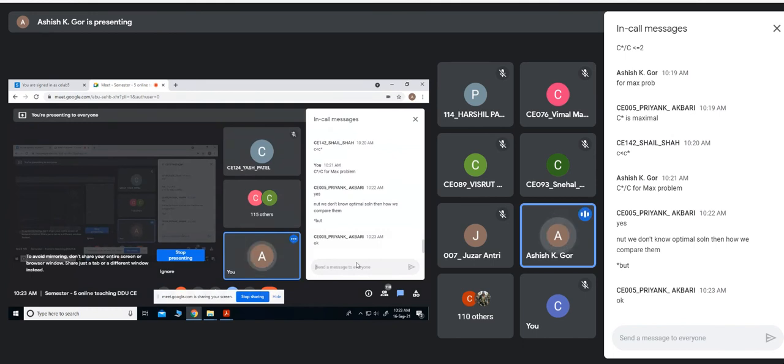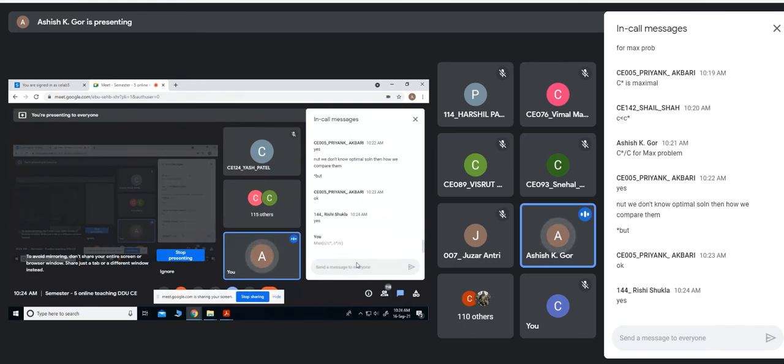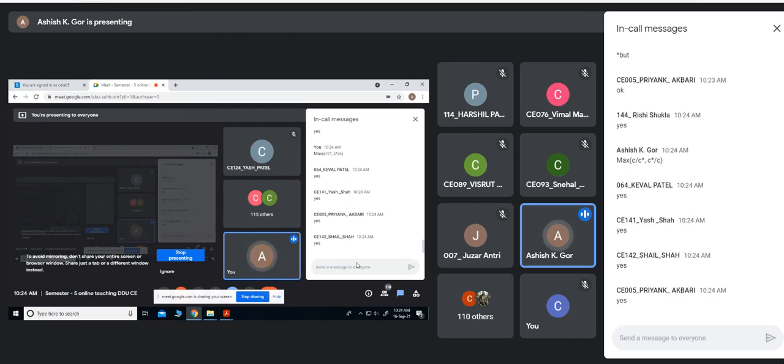So without knowing whether a problem is of maximization type or minimization type, in general, if I want to write a definition, what I should say is the maximum of C by C star and C star by C. Whatever is maximum, because one of either C upon C star or C star upon C will be greater than 1. Yes or no? At least one of them will be greater than 1.